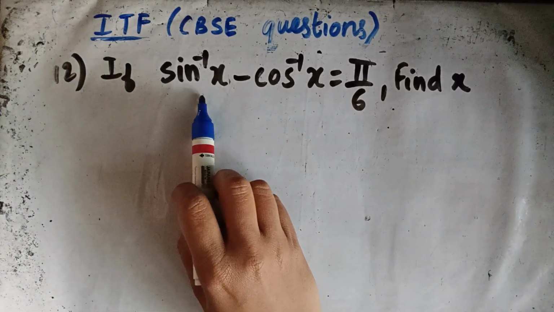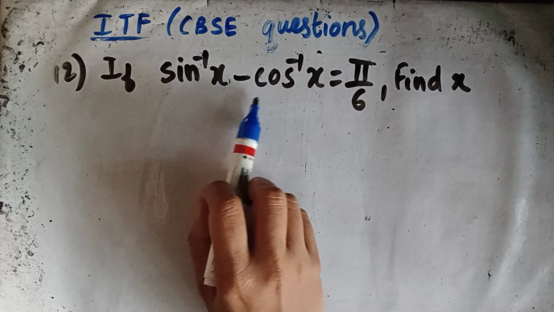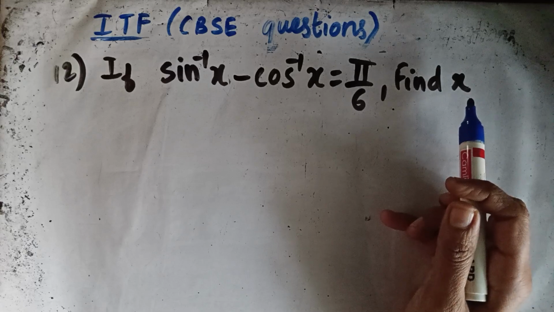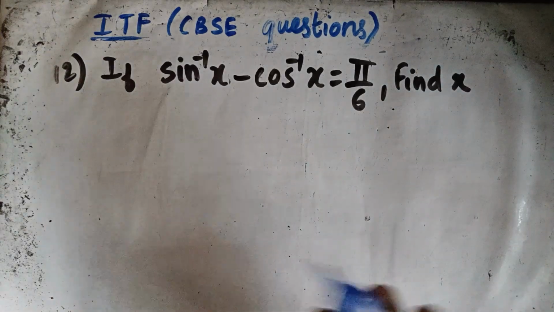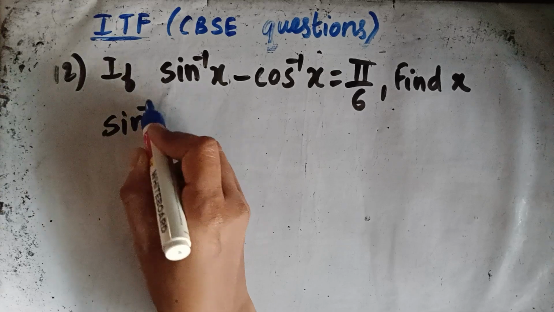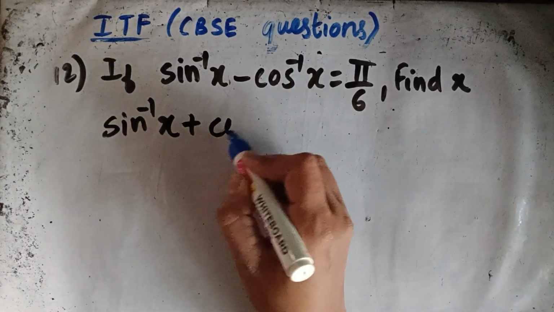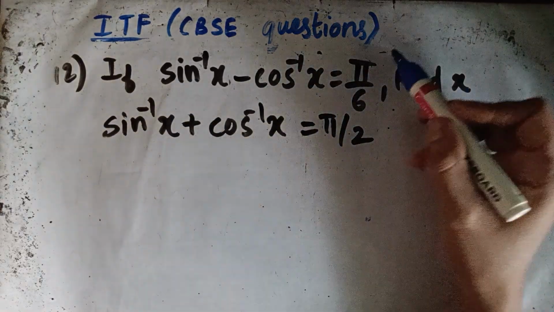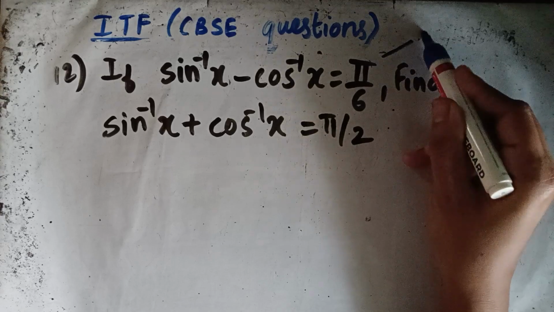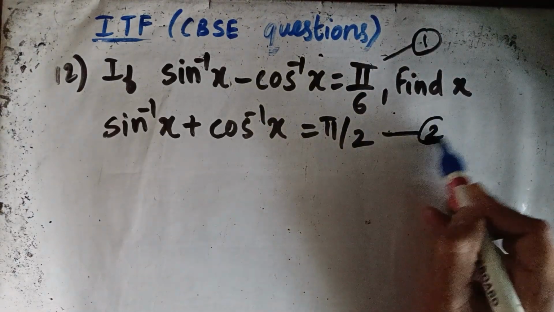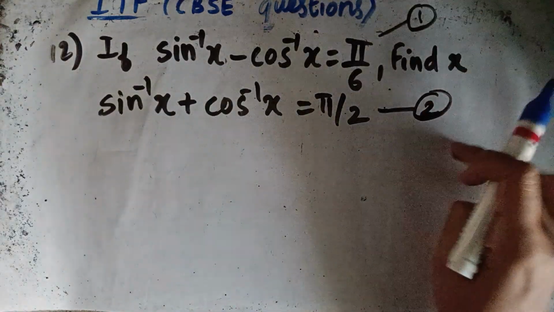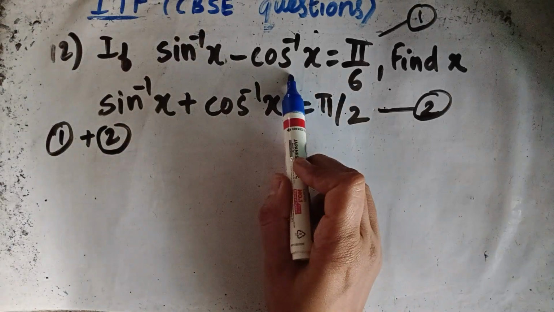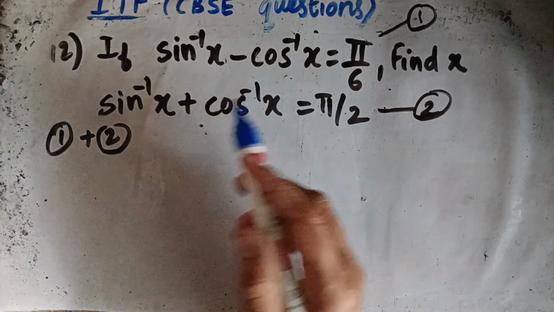Okay, so here it is given that sine inverse of x minus cos inverse of x is pi by 6. You have to find the value of x. We know the property that sine inverse of x plus cos inverse of x is equal to pi by 2. If you take this as equation 1 and this as equation 2, and add these two equations, then this cos inverse minus and this plus will get cancelled, right?